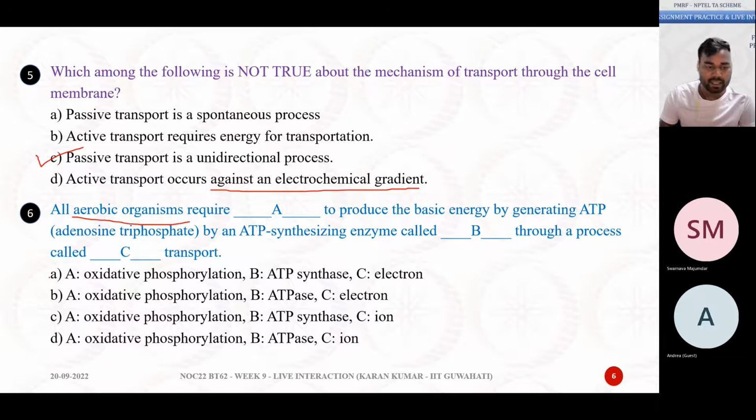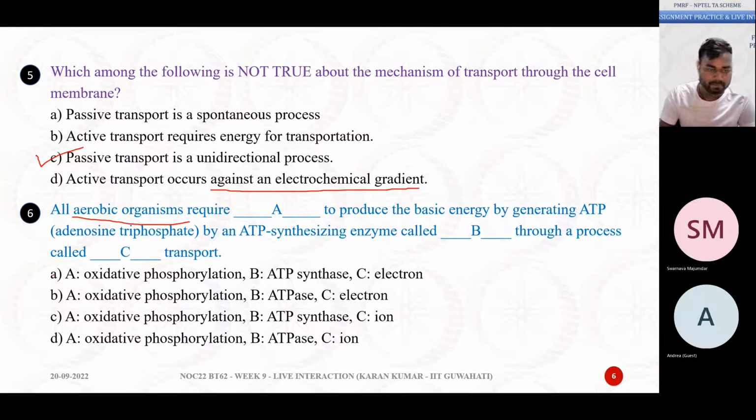Your options are: A stands for oxidative phosphorylation, B for ATP synthase, C for electron. So which one is the correct among the four?